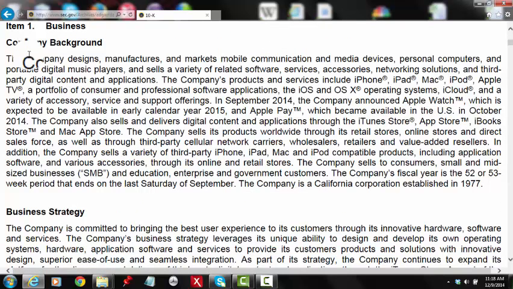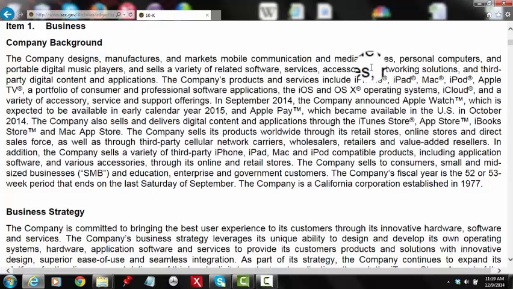The first part in the 10K report is the business. Here they explain the company designs, manufactures, and markets mobile communication and media devices. Basically, Apple's main products are iPhone, iPod, iMac, and iTunes software, and whatever money they generate there.